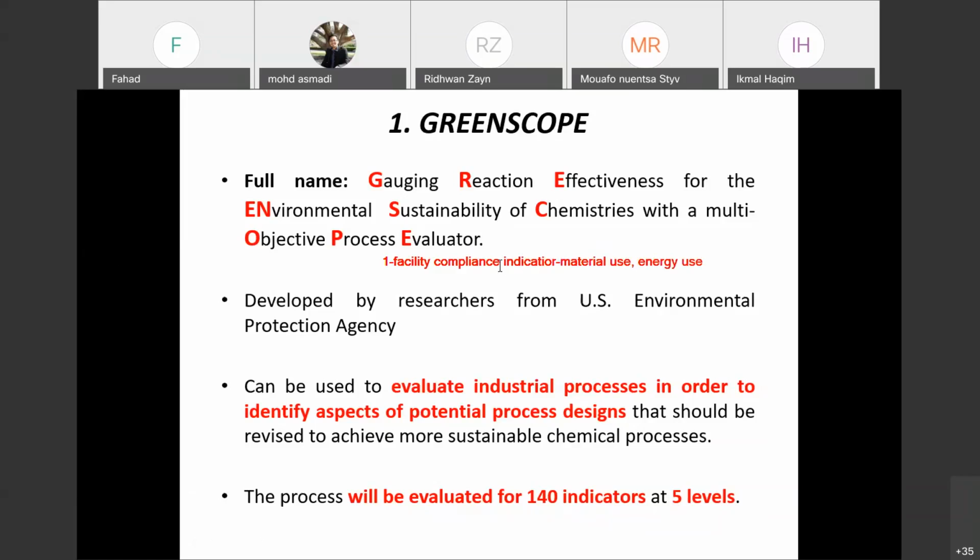Then level two measures material use as well as performance, such as acidification potential.